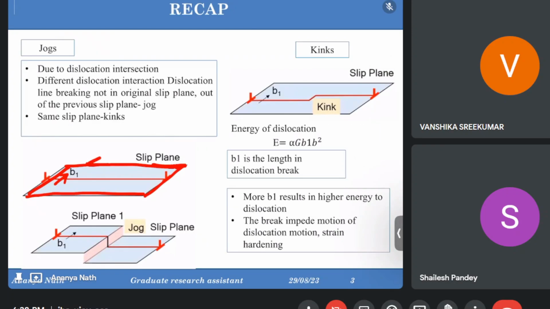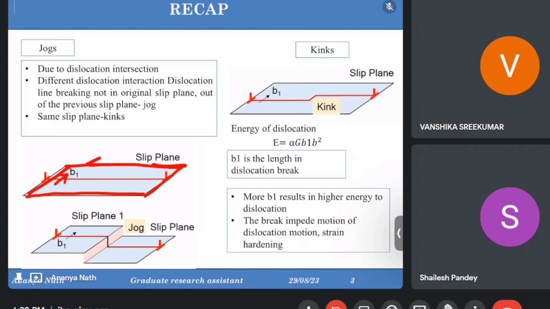But another thing that can happen is that they have interacted with each other, and now there is a breakage in the dislocation line, and the two parts after breaking go through two separate planes.